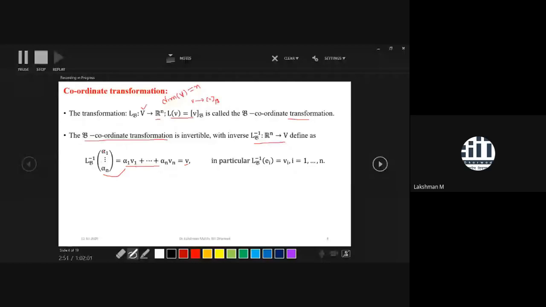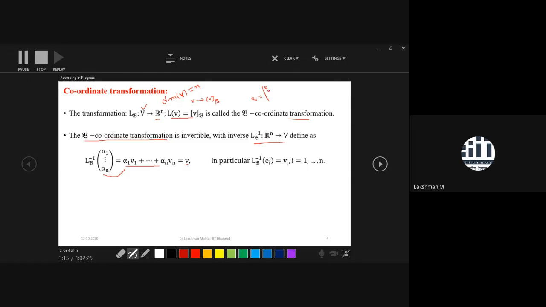And in particular, e_i is what? It is a standard unit vector in n-dimensional space. Several times I have already mentioned that e_i means the ith coordinate is 1 and the rest of the coordinates are 0. These are very standard unit vectors in Euclidean space.